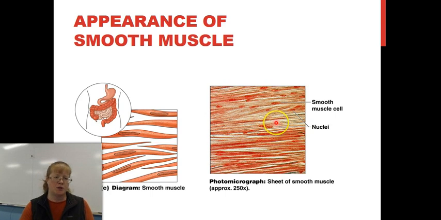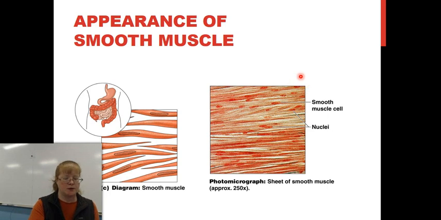But three good terms to know for smooth muscle tissue are non-striated, involuntary, because smooth muscle is involuntary along with cardiac muscle, but also visceral. Visceral because smooth muscle makes up blood vessels and our internal organs, like in our digestive system, the uterus for the ladies. So visceral means viscera or organ. So it makes up many internal organs.